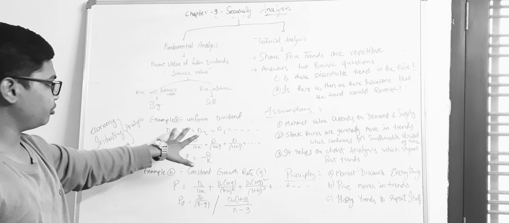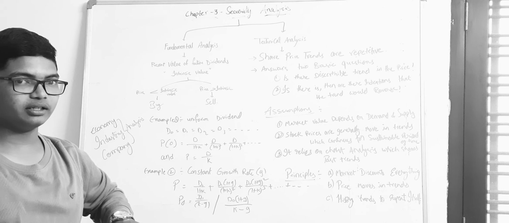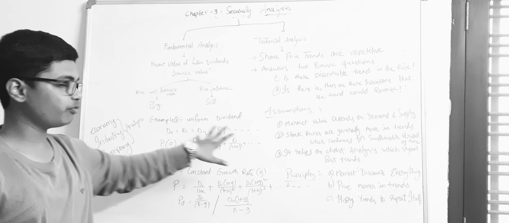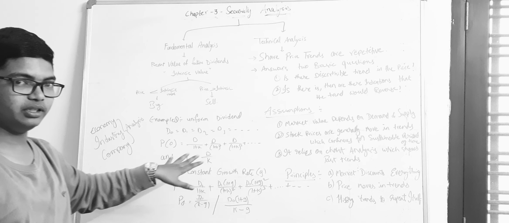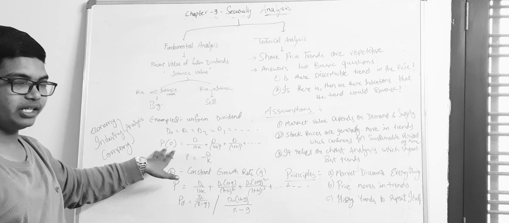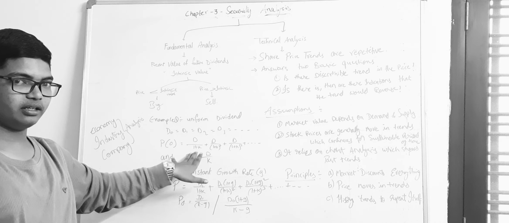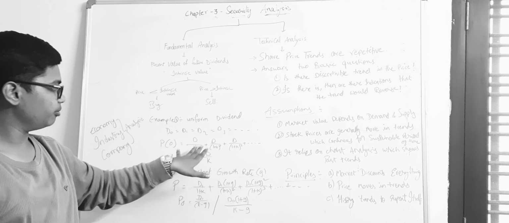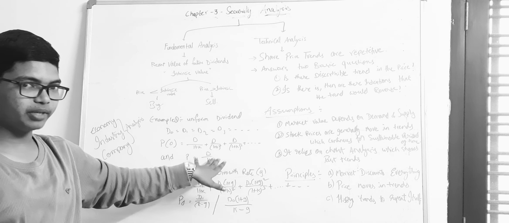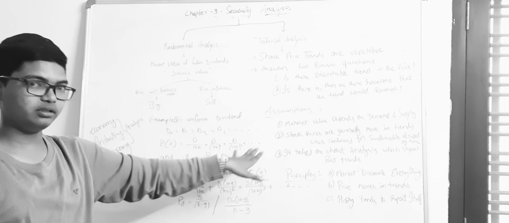For example, if a company is providing a uniform dividend, then how the price will be calculated will be shown here. Price equals D divided by 1 plus K, where K is the interest rate, the required rate of return, plus D divided by (1 plus K) whole square, plus D divided by (1 plus K) whole cube, and so on.